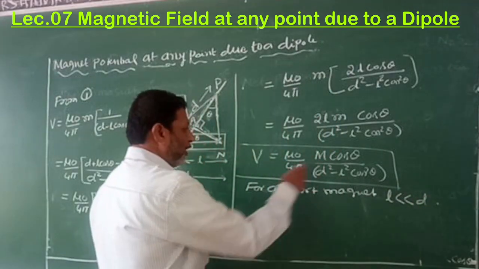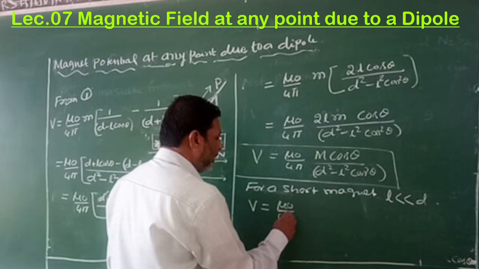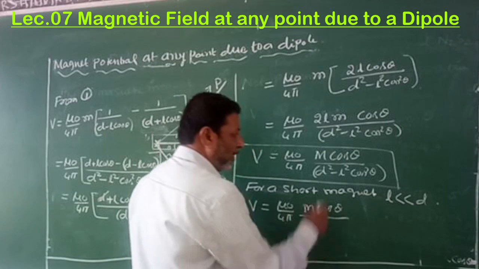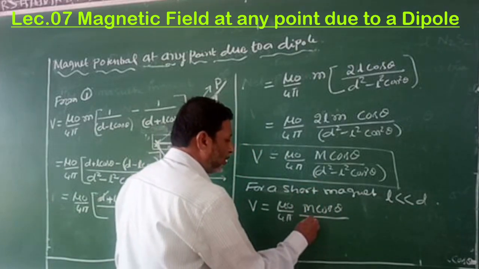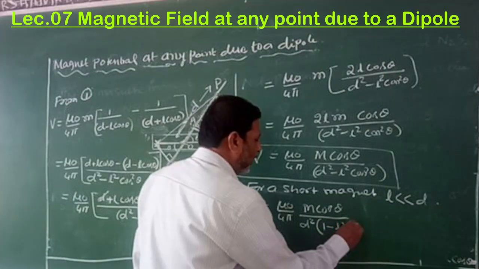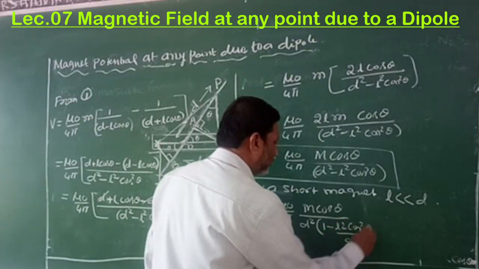Then the above equation reduces to V equals mu naught divided by 4 pi, m cos theta divided by d square, taking d square out of the bracket, then you get 1 minus L square cos square theta divided by d square.